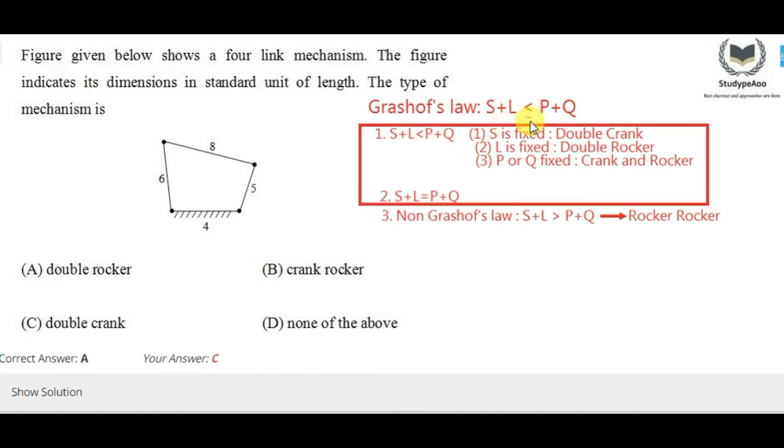Basically Grashof's law is valid when the sum of smallest and largest link is less than or equal to the sum of the two other links.